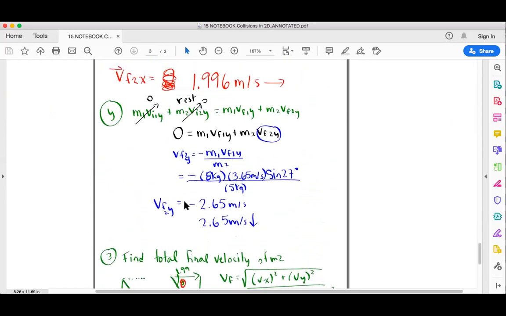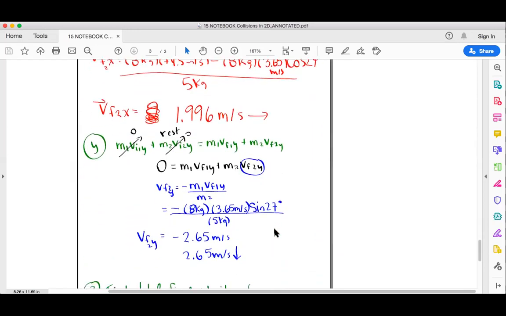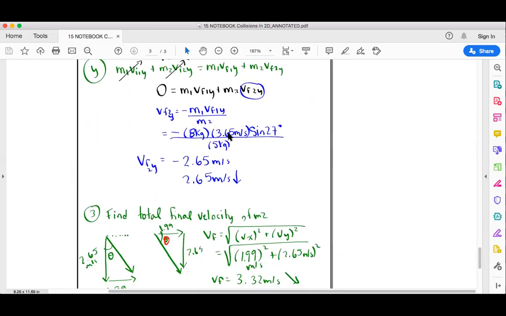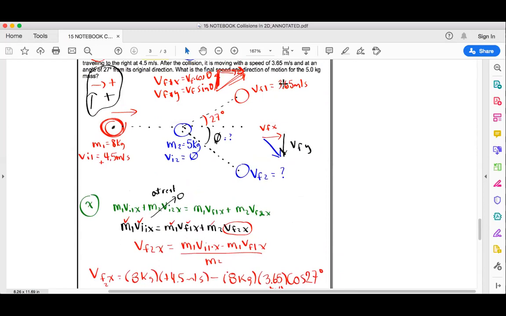So we calculate a vertical velocity of negative 2.65 meters per second. Why is it negative? It makes sense because we said positive was up. We subbed in 3.65 as a positive, saying this direction is positive, therefore this is negative.